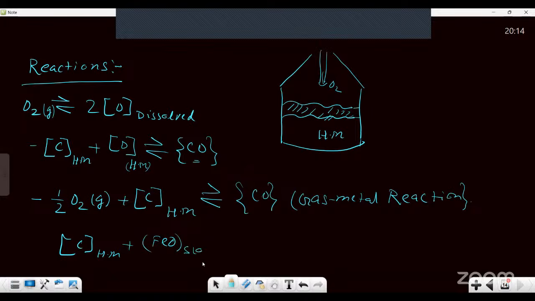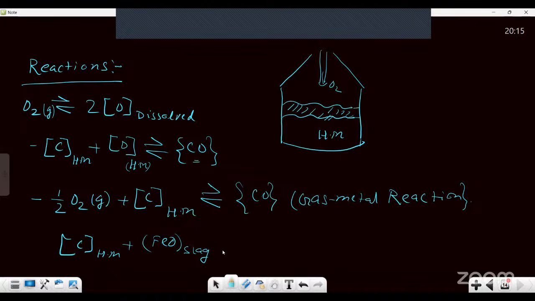Where is the FeO coming from? Obviously, some amount of iron from the hot metal will take up the oxygen, because when we are blowing in oxygen at high temperature, the metal oxides, depending upon their delta G value, that is the Gibbs free energy according to the Ellingham diagram, will pick up the oxygen at high temperature. So the iron is also going to pick up the oxygen and get converted into FeO, which is the iron oxide, and this FeO will go into the slag.